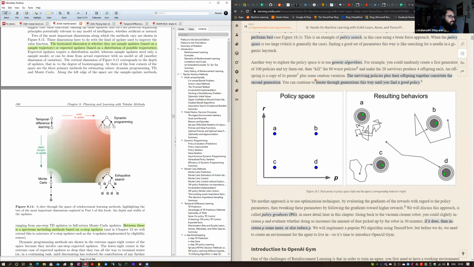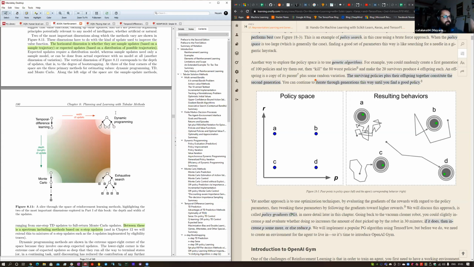It will give a simple overview of what Monte Carlo, exhaustive search, dynamic programming, and temporal difference learning are, and how the width of the update and the depth or the length of the update affect the dimension of the policies that are being updated with respect to the value iterations.